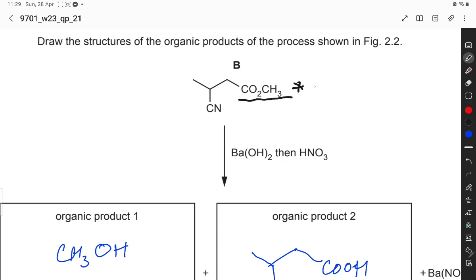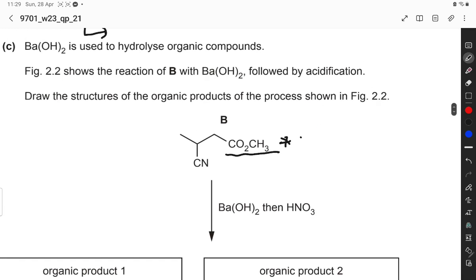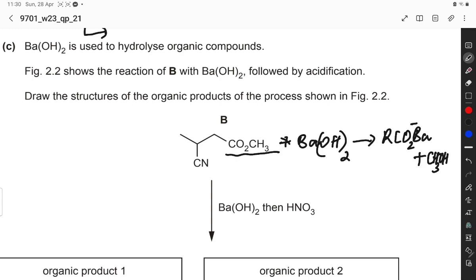First, when barium hydroxide reacts with this compound, this is a hydrolysis reaction, and RCO2 Ba plus methanol is formed.